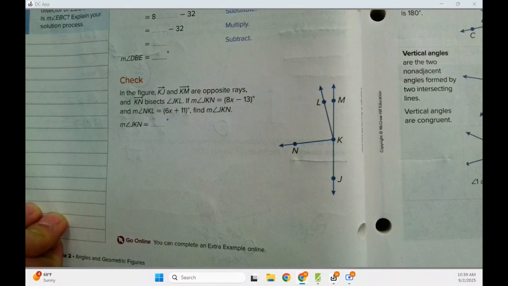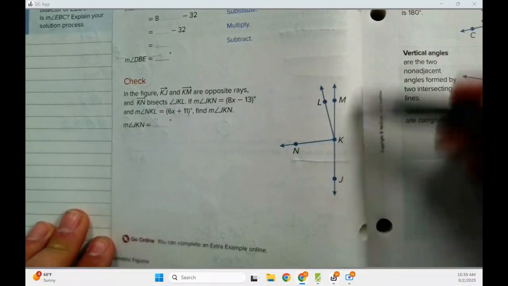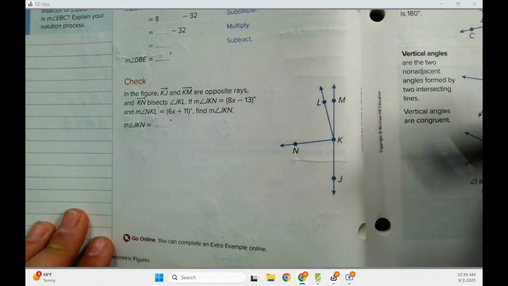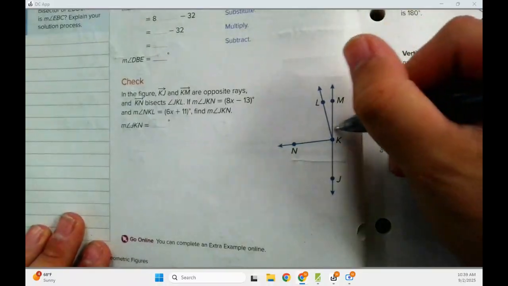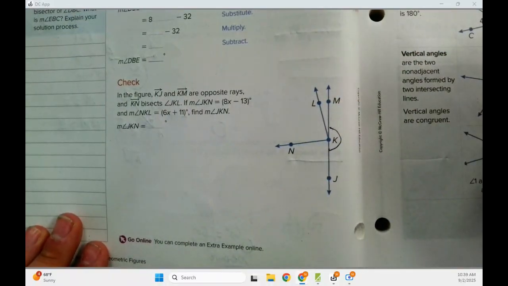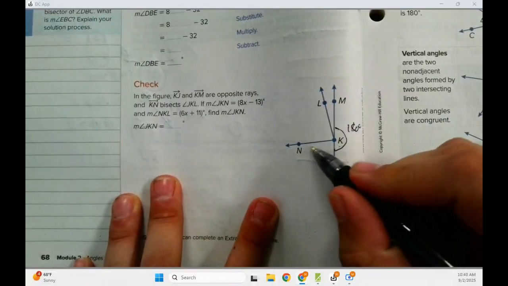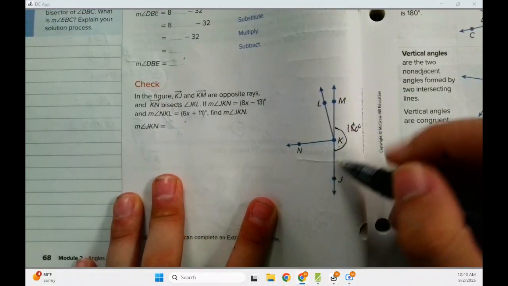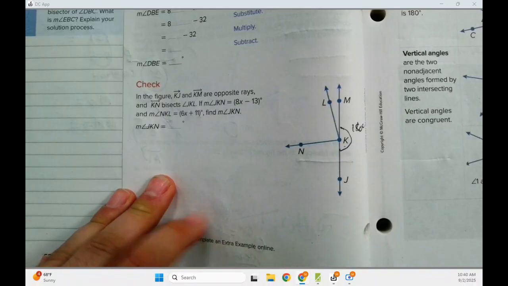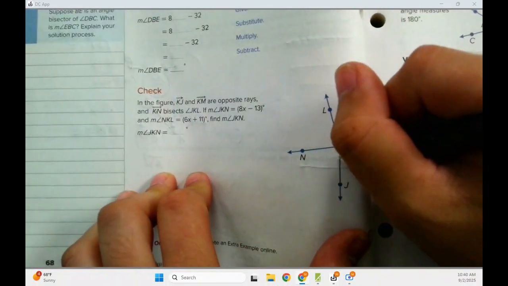Okay. Let's break this down a little bit, okay? First and foremost, this whole opposite rays thing is saying that if I needed to, what would the measure of this angle right there be? 180, okay? It's a straight line, back and forth. And then it says ray KN bisects JKL.